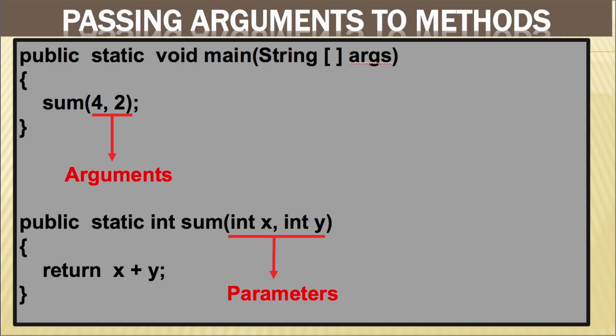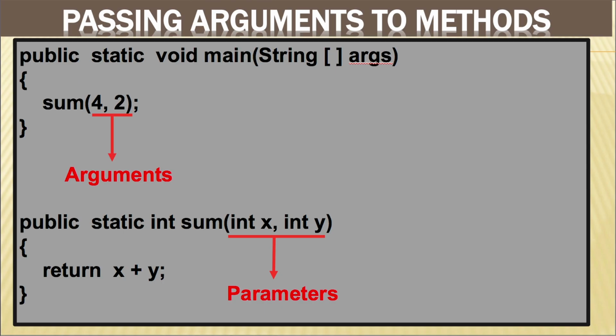Here 4 and 2 are two integer values, so we pass these into variables of the same type. x and y must be of integer type. That is why we pass 4 and 2 as arguments.